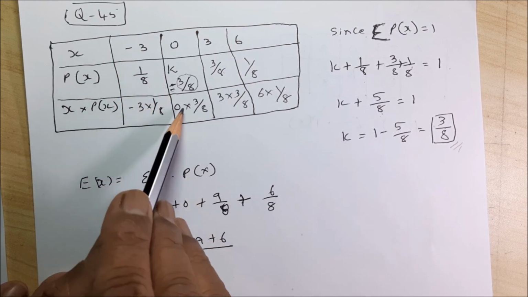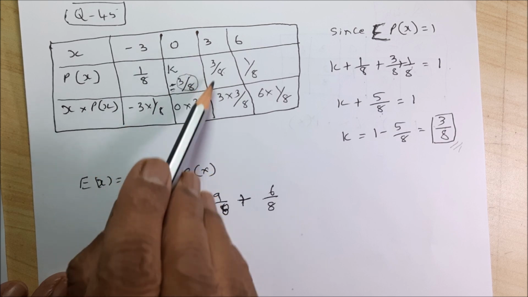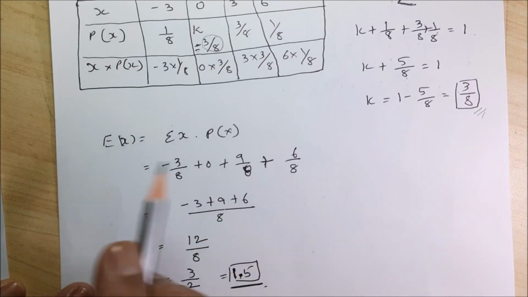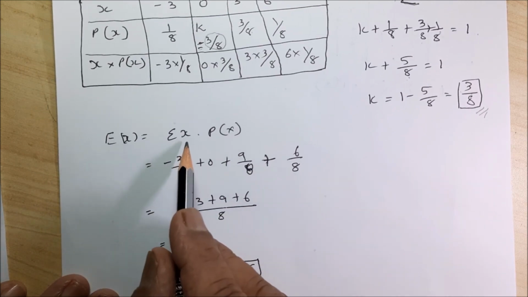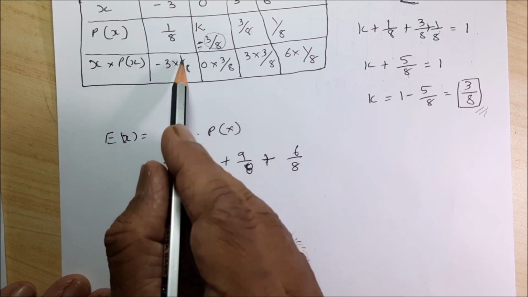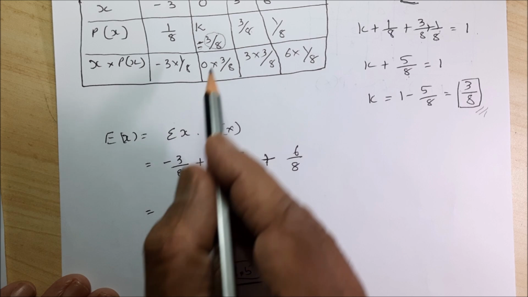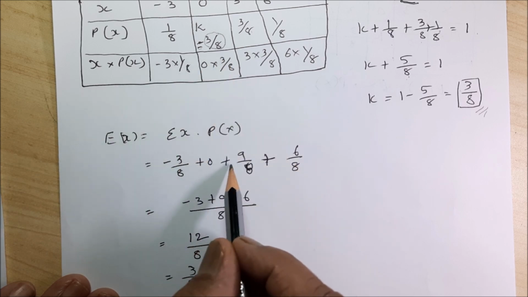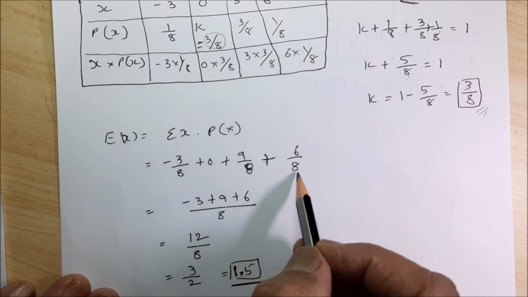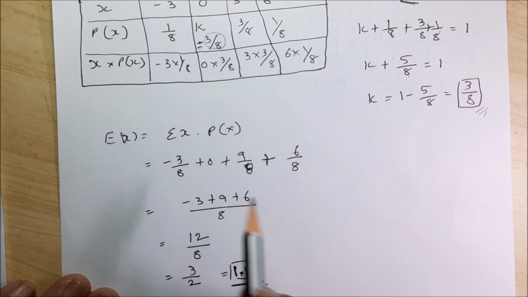Then x into P(x): minus 3 into 1/8, then 0 into 3/8, then 3 into 3/8, then 6 into 1/8. Then E(X) is equal to the sum of x into P(x), that is minus 3/8, 3 into 1 is 3, minus 3/8, plus 0 into anything is 0, plus 3 into 3 is 9/8, plus 6 into 1 is 6/8.